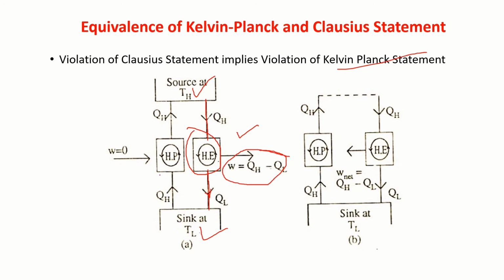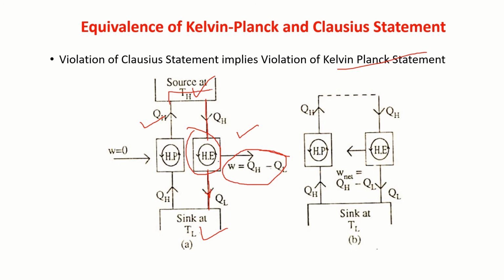Now let us consider a heat pump. It is taking heat QH and rejecting heat QH. Correct? Heat itself is flowing from a low temperature body to a high temperature body. It is a violation of the Clausius statement. What it requires is QH, and what it is rejecting is QH.